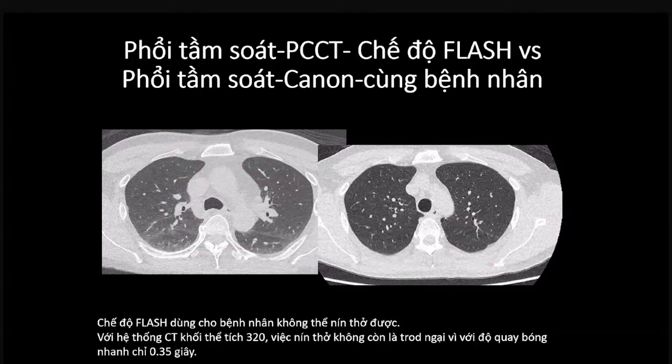But when you do a flash mode, you can see the image quality is not so good on the left-hand side compared to a Canon scanner, which scans in one rotation, which is, depending on the type of scanner, usually around 0.35 milliseconds.